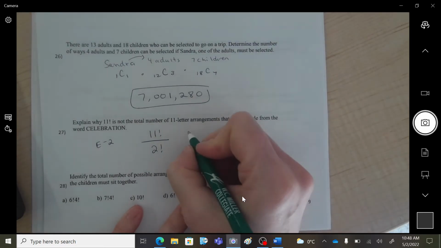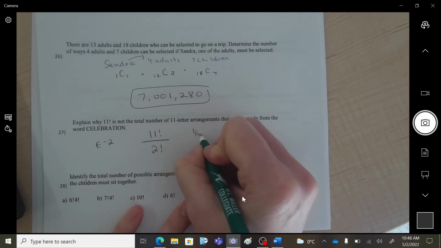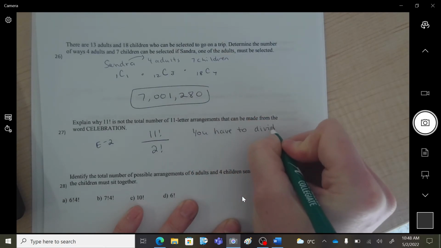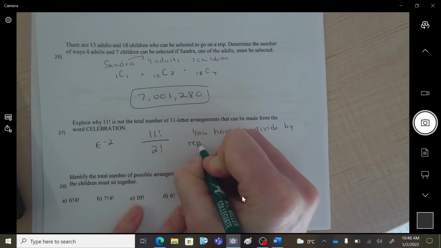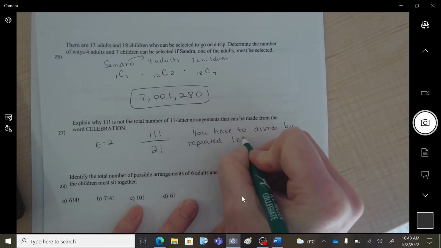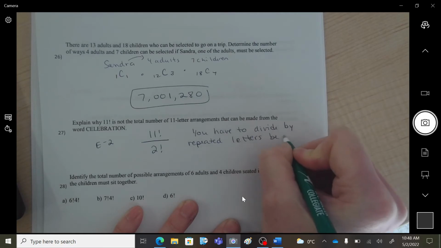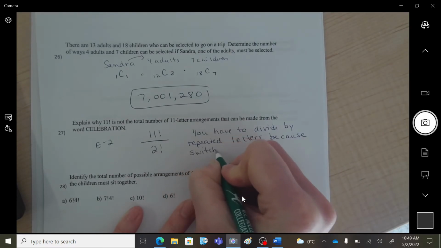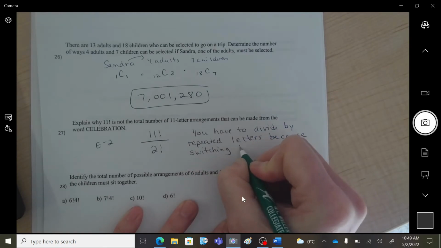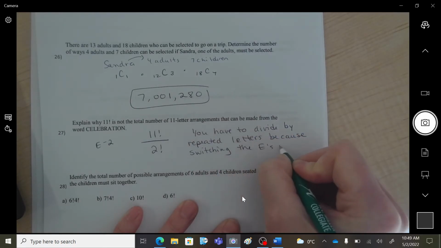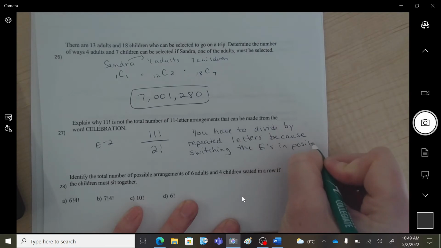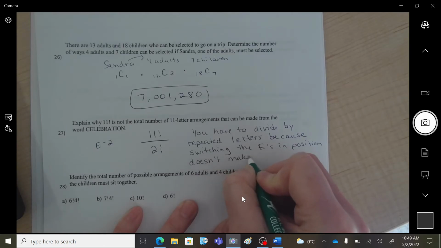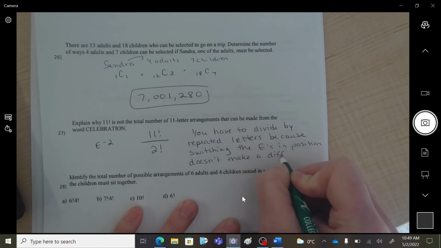Okay, so you have to divide by repeated letters because switching the E's in position doesn't make a different arrangement.